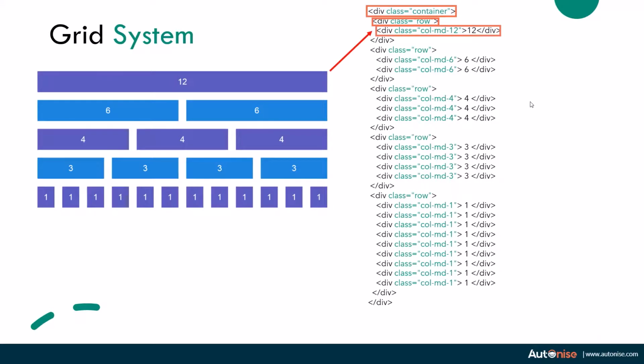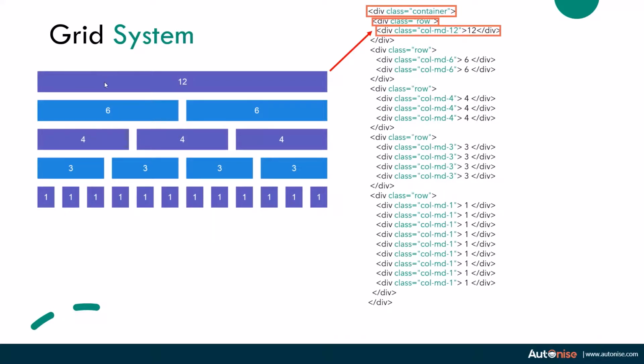Inside the row, we use div class equal to col-md-12. What this means is that Bootstrap will create a column of medium size which has the width 12. So as the grid is divided into 12 equal columns, we are taking up all the columns.